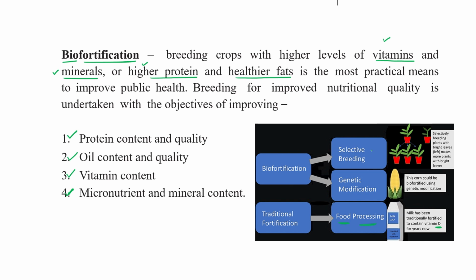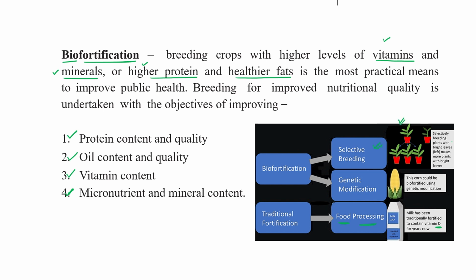any two types through which we can modify a particular type of crop and improve these important contents. Like selective breeding, means out of most of the plants we have to select only those plants with, as you can see in this picture, there are two types of plants, one with bright leaves, another having dull leaves. So we have to choose the bright leaves plant and then start breeding with this plant only.